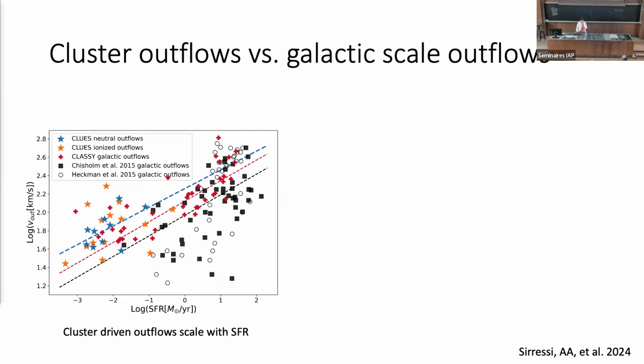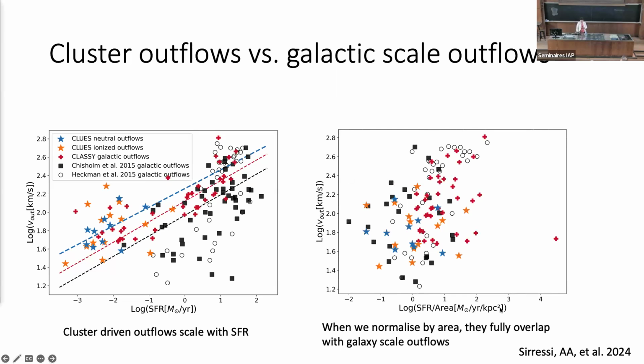But then when we remove the dependency on size, so we divide by the star formation area, looking at star clusters and galaxies, the offset between the samples of star clusters and galaxies is removed.